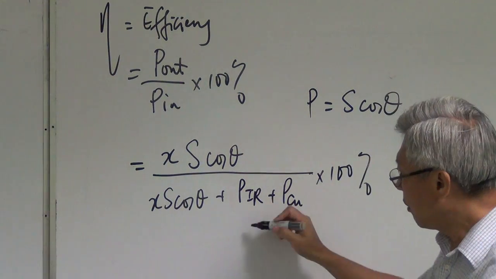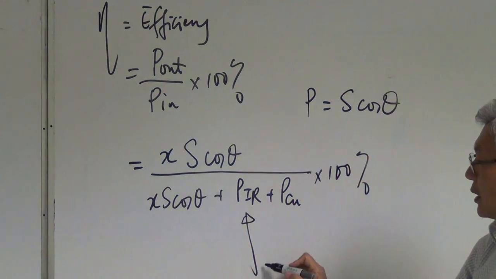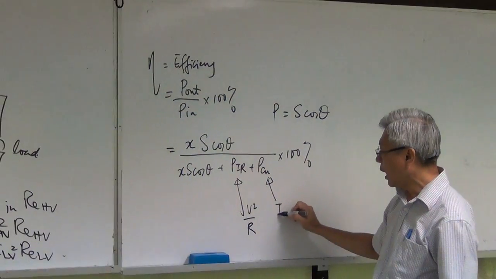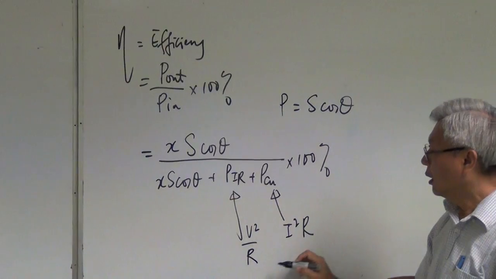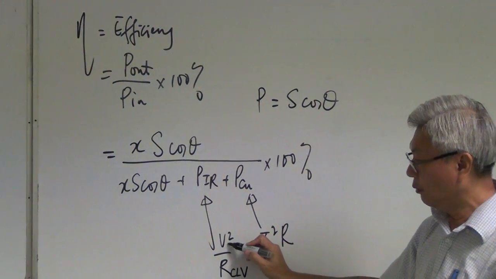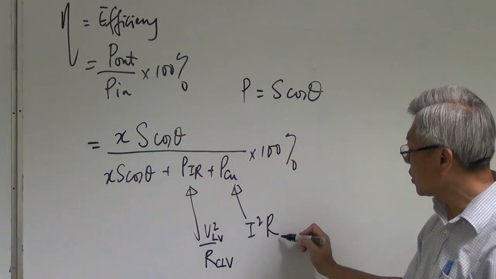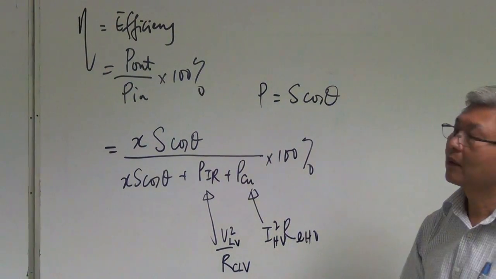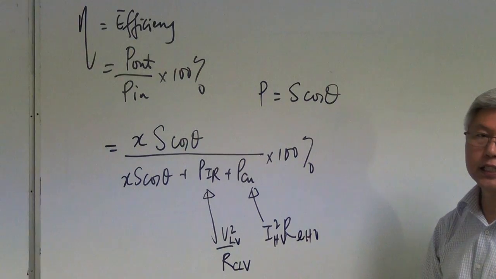Okay, and you still remember how to calculate iron loss? That is your V squared over R formula. Which formula to find copper loss? I squared R. Yeah. If I say this RCLV, VLV. If I say I squared R, here is REHV, IHV. Right? So that is efficiency.